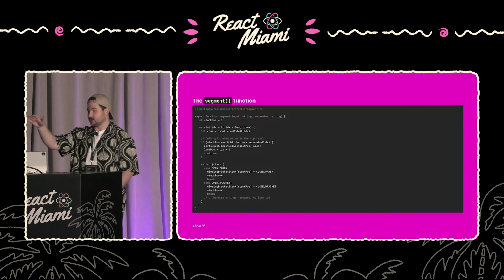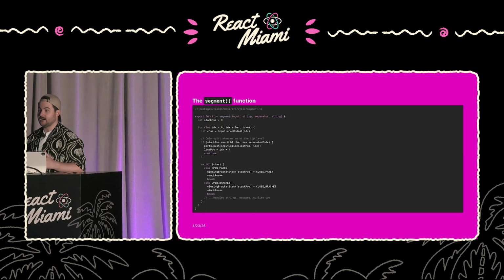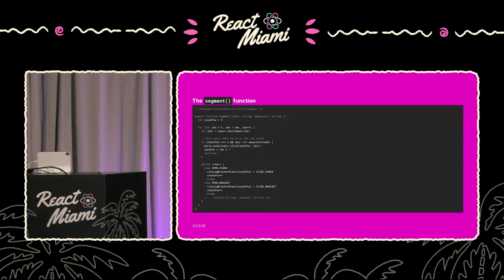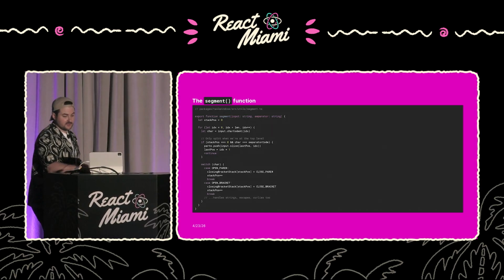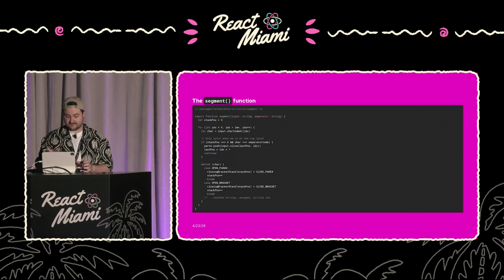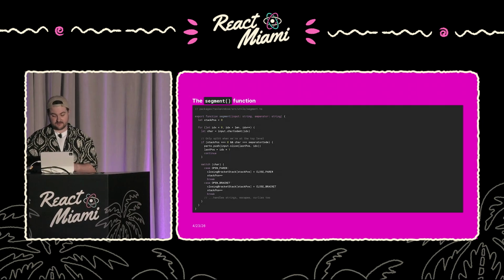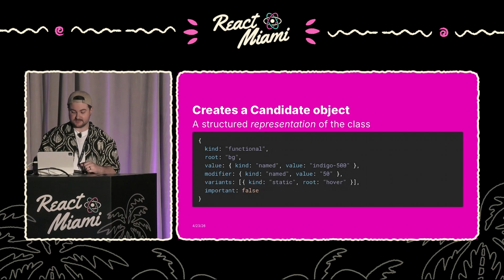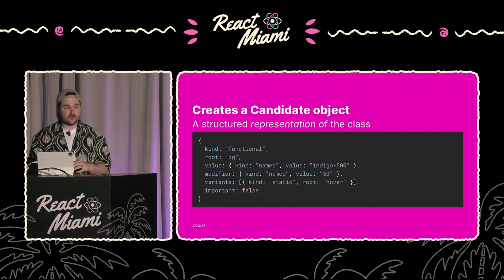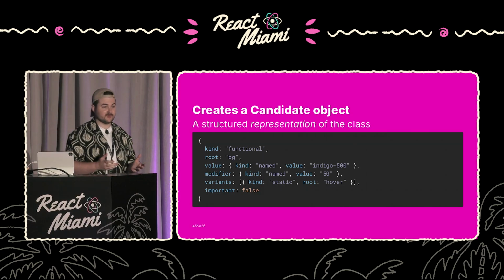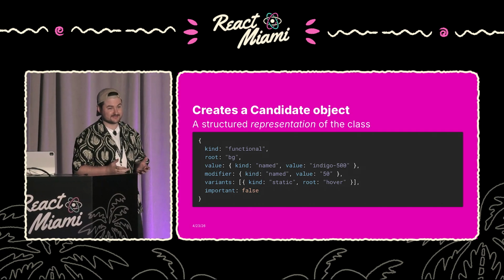And every time it sees a closed parenthesis or a closed bracket, it'll pop. And it only splits the utility when the stack is empty, meaning that we're at the top level. And so after splitting, it's able to identify the base utility, and then everything that comes before it is defined as a variant. And so after all of this work, what does parse candidate actually give us?